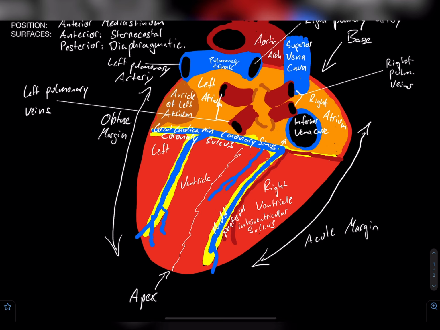This is this blue structure here. Also in the posterior interventricular sulcus we have the posterior interventricular artery. This would be this one here.